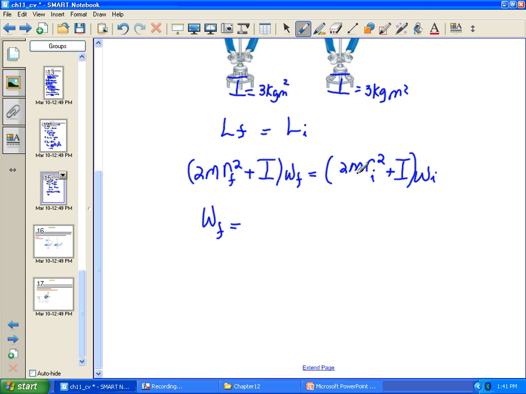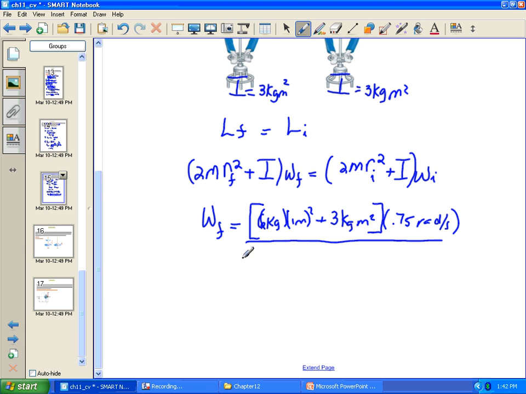Let's work with the numerator first. 2 times m is equal to 3 kilograms, so we have 6 kilograms times 1 meter squared plus 3 kilogram meter squared, and this whole thing is multiplied by the initial angular speed, 0.75 radians per second.